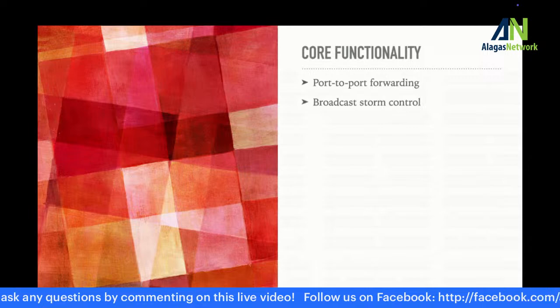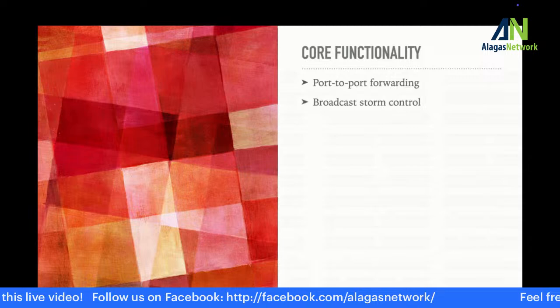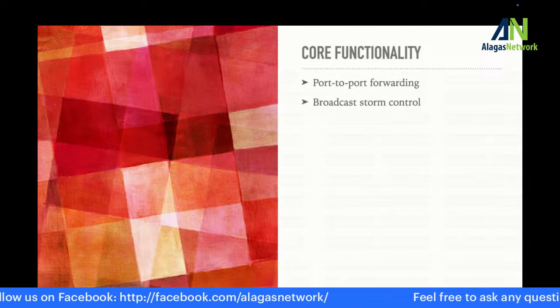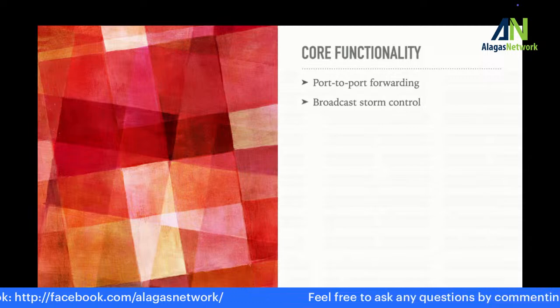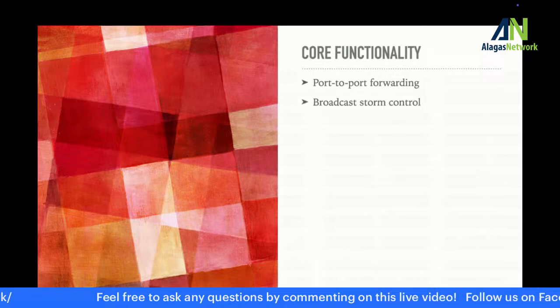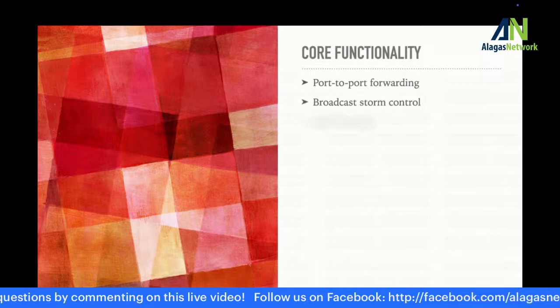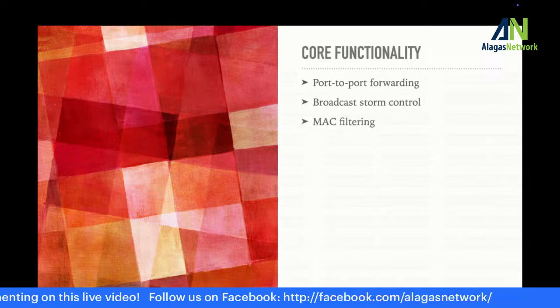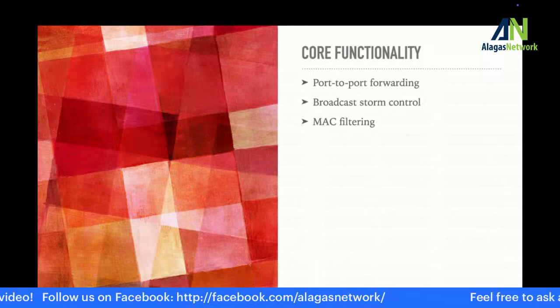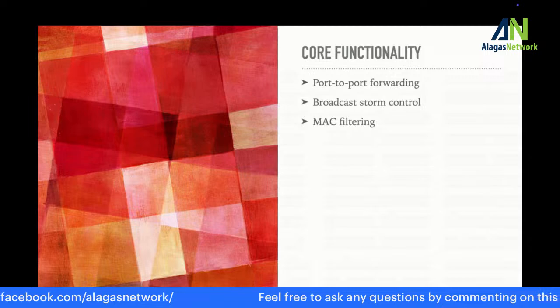If we accidentally install a cable that creates a loop, then based on basic network communication, it might create a broadcast storm. It also can do MAC filtering, so you can filter MAC addresses on each port.